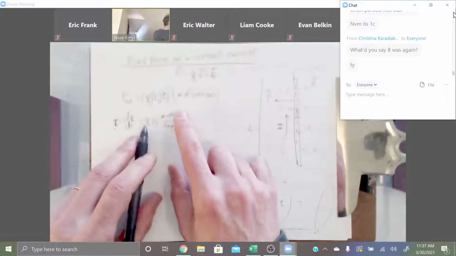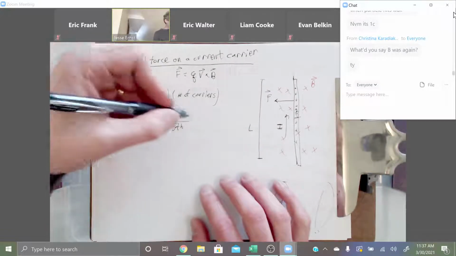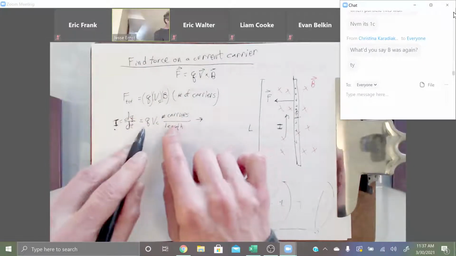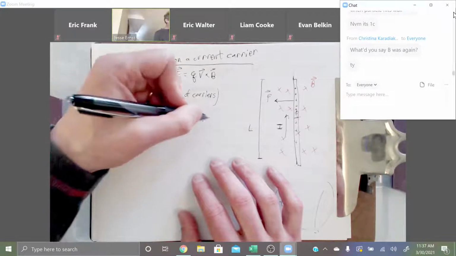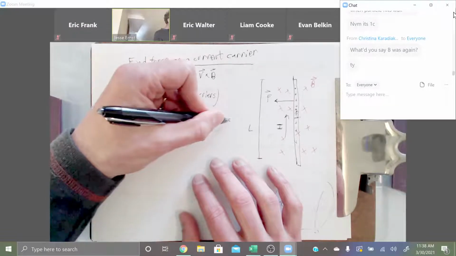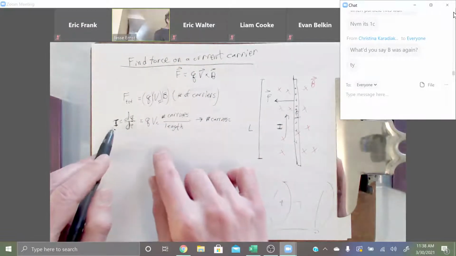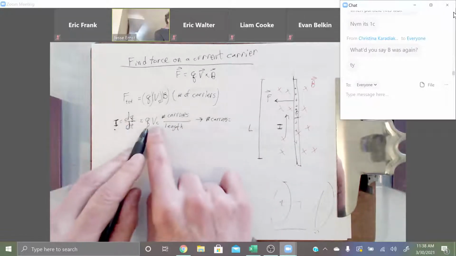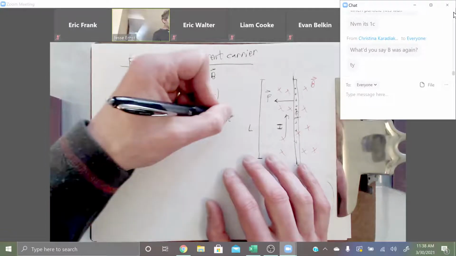Okay, but now we can use this. Just doing arithmetic tells us that the number of carriers is going to be I times L divided by Q times VC.